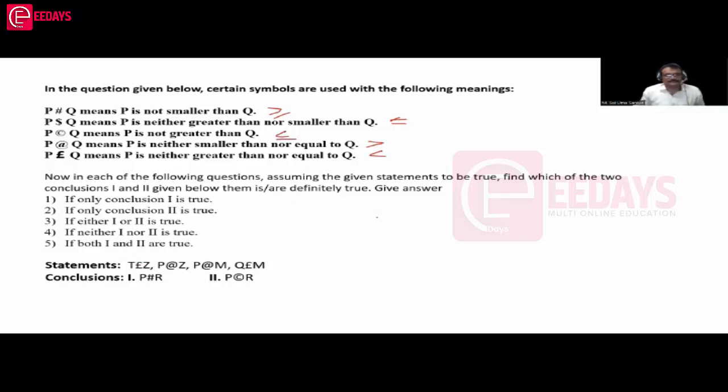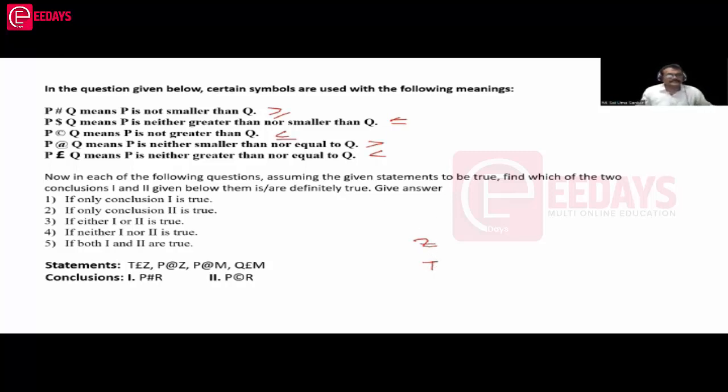T pound Z, T is less than Z. Next, P at the rate Z, P is greater than Z. Oh, sorry. But the first one here, T is less than Z. Here, T is strictly less than Z. So there is a vertical line between the T and Z.